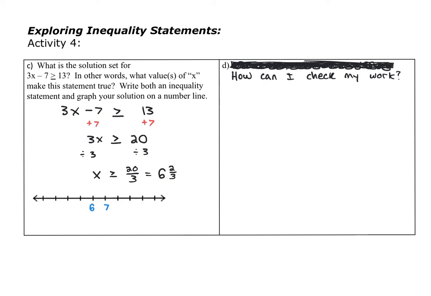So 6 2/3, there would be 6 1/3, and there's 6 2/3. Now 6 2/3 is included in our solution, so we're going to have a closed dot at 6 2/3. And then our solution is all numbers greater than or equal to. So we're going to fill it on in.